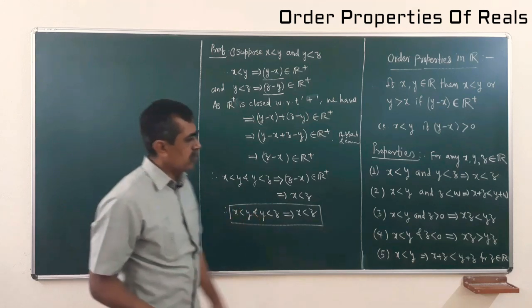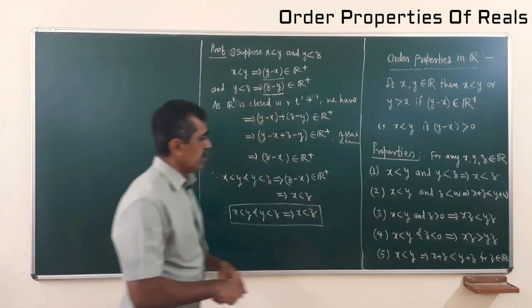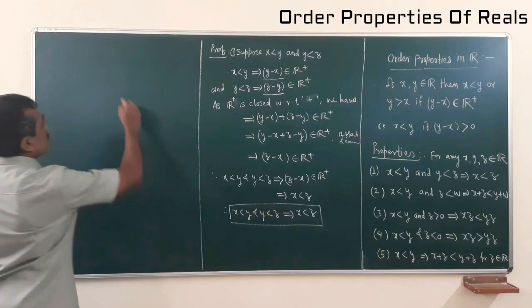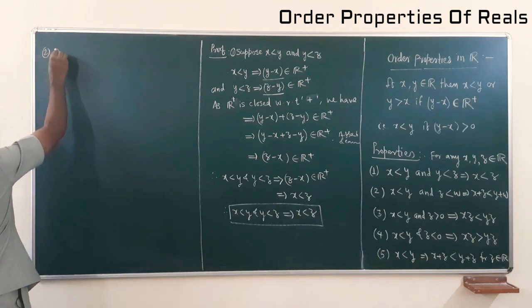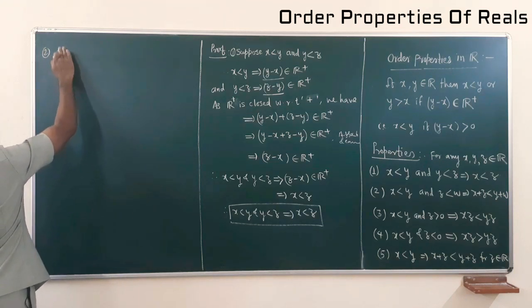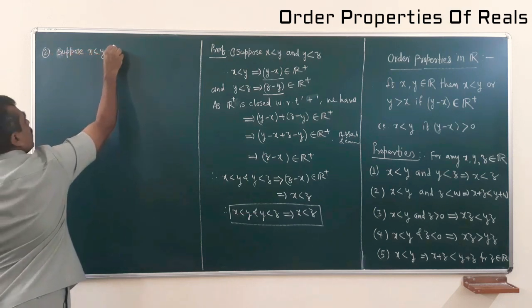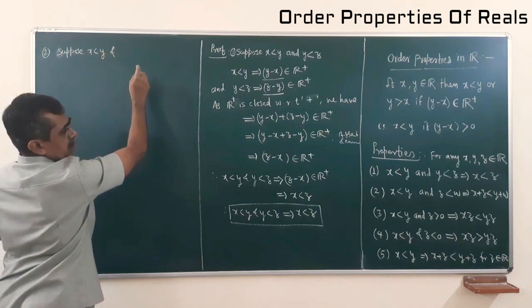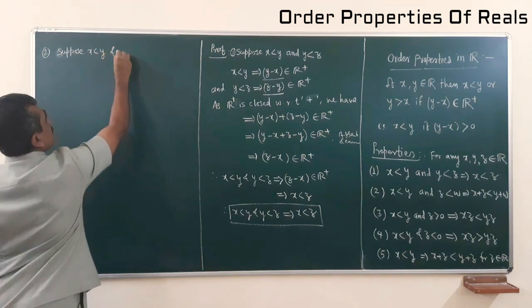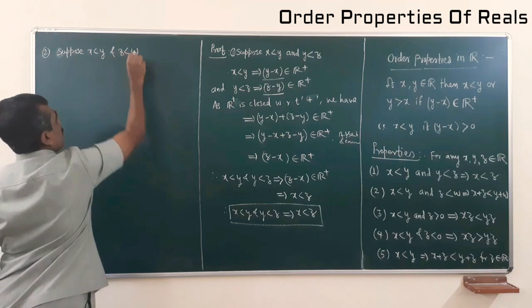Okay, now come to the second property, proof of the second. Suppose x less than y and z less than w.